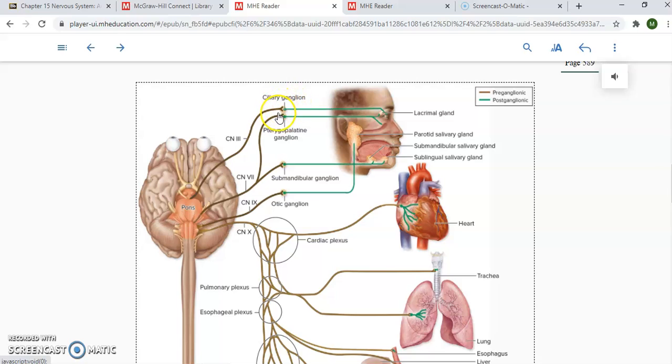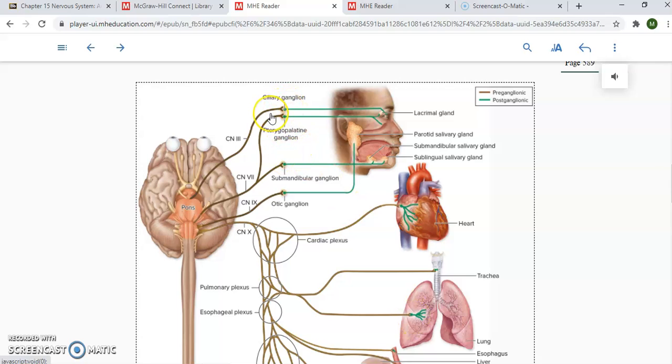And so remember that a clustered area of cell bodies and dendrites is called a ganglion. So in this little ganglion area, you'll see those. These are in this location, and then there's some that are in this location on these organs.